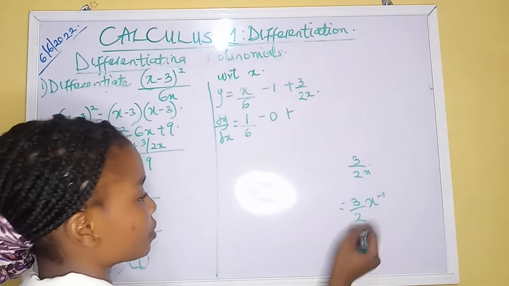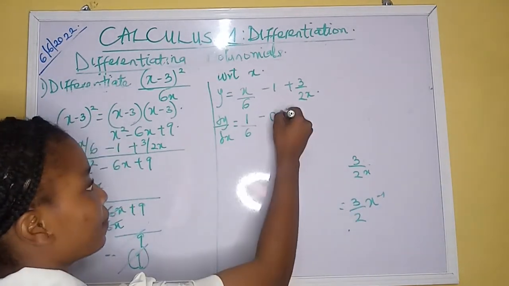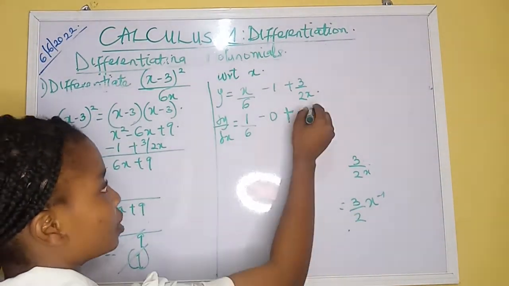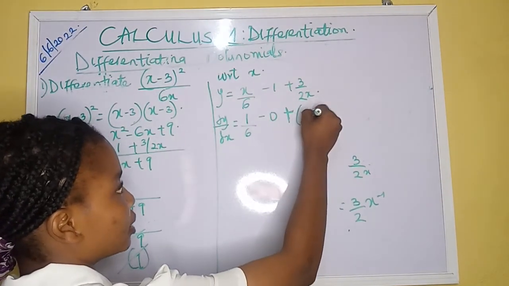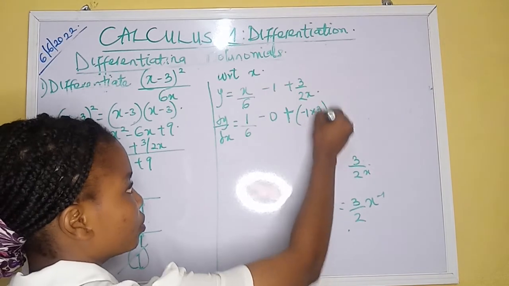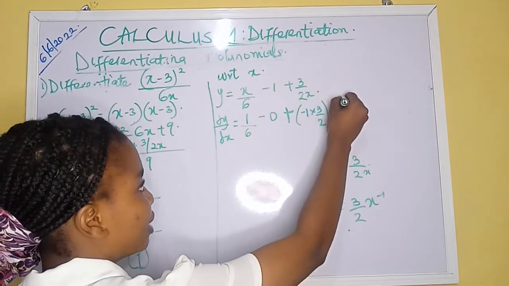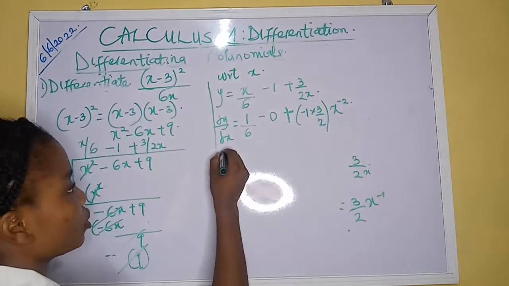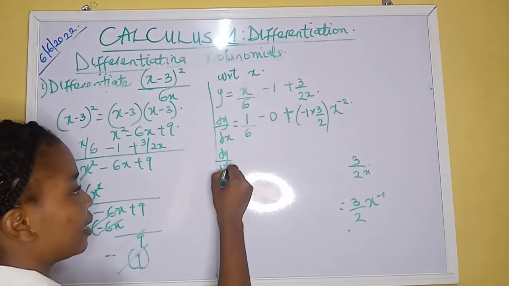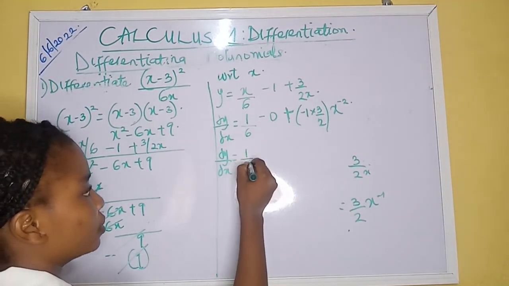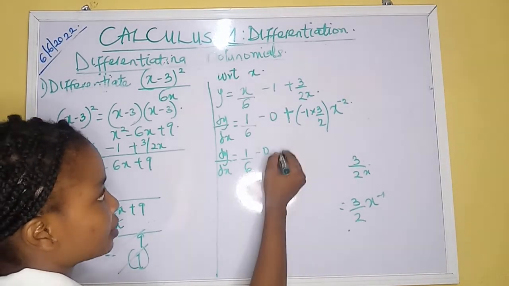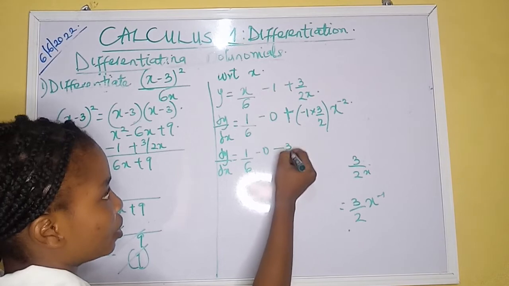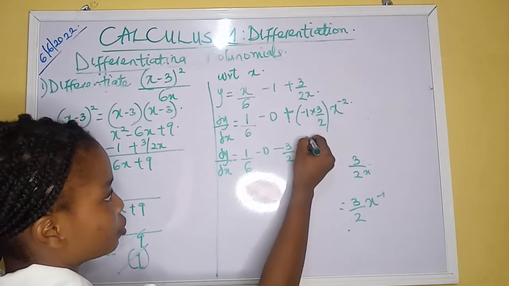So if I'm to differentiate this, it becomes minus 1 times 3 over 2, x raised to the power minus 2. So my dy over dx now gives me 1 over 6 minus 0. If I'm to bring out this, I have minus 3 over 2, x raised to the power minus 2.